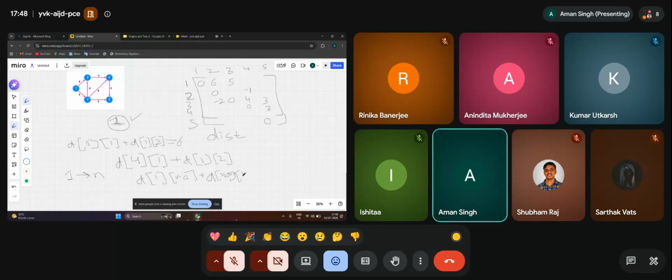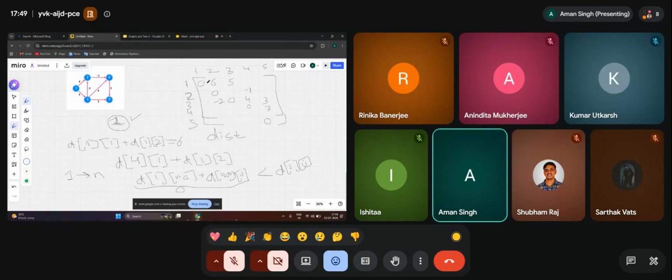If this is less than the distance stored in i comma j, then update the distance stored in i comma j with this sum, because we are now reaching via a shorter cost. So you can see that we are considering every possibility here. If we want to go from a node to any other node, we consider every node as an intermediate node.